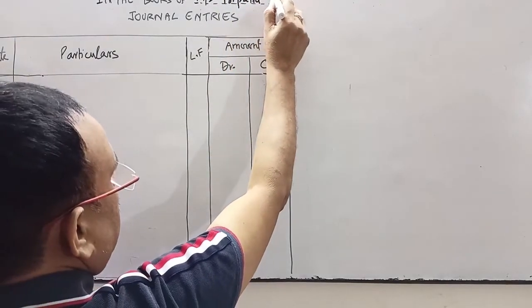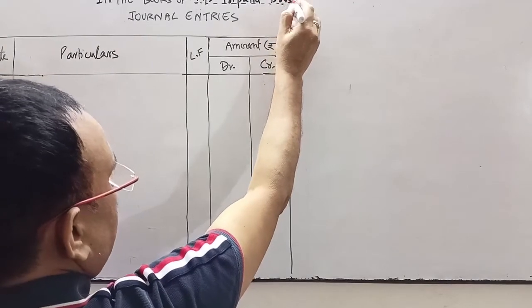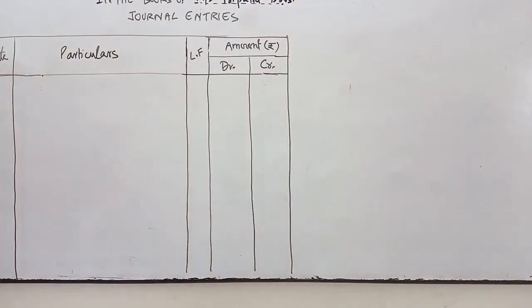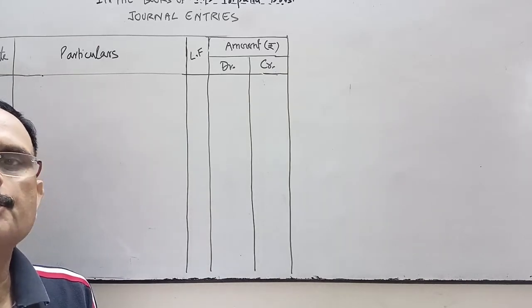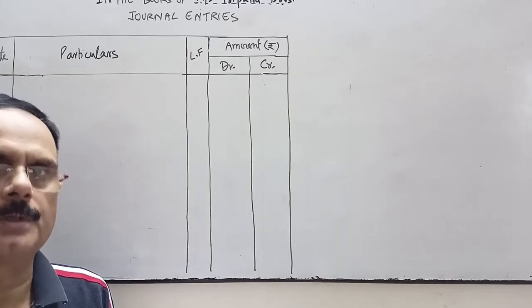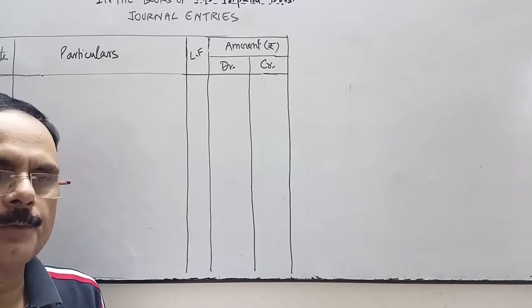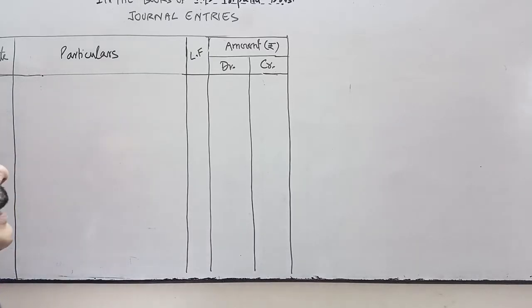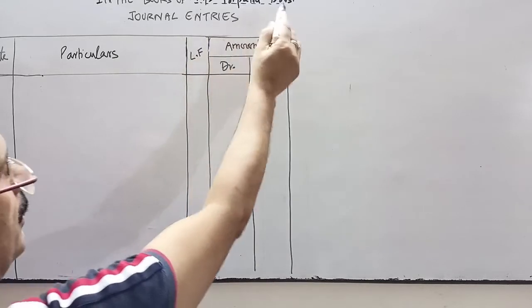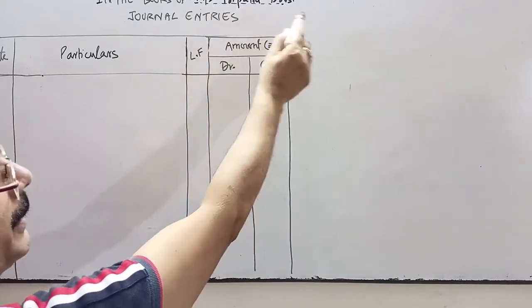The name of the business given is Messrs. Tripathi Brothers. So we have to write the name of the business first in the books of. In whose book are we going to do this entry? Write the name of the proprietor or the enterprise or the company.